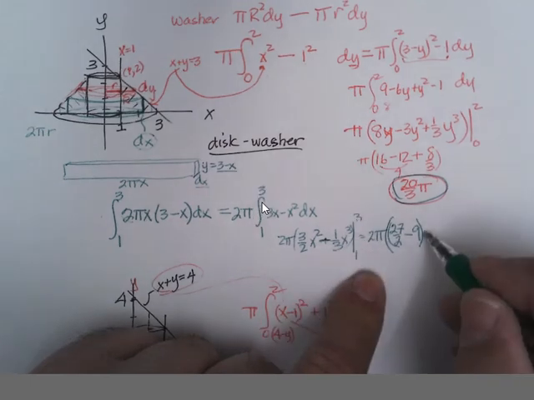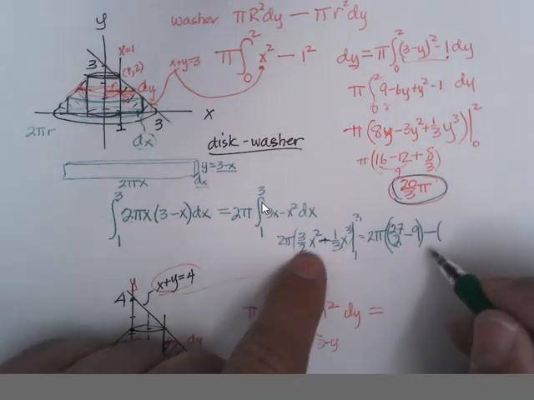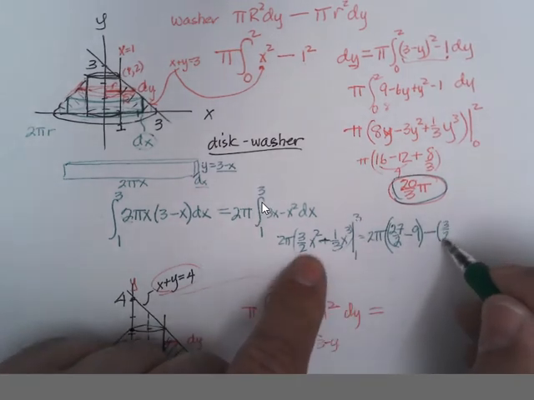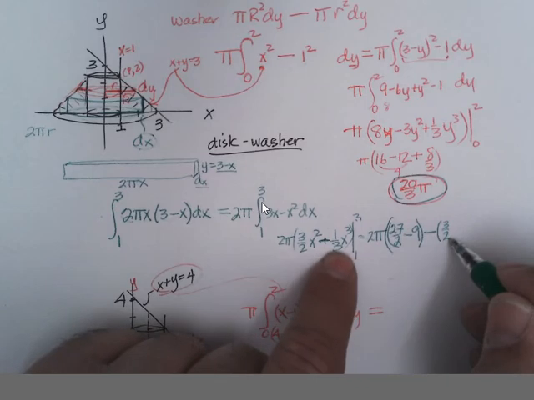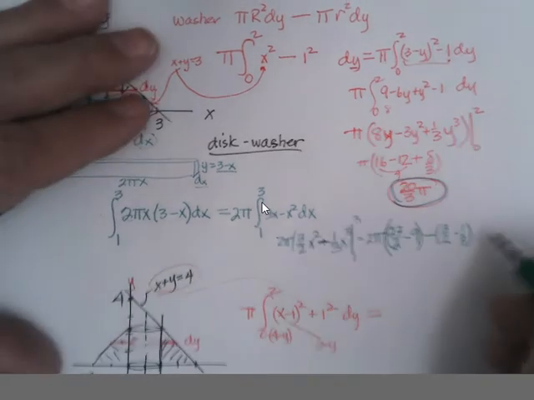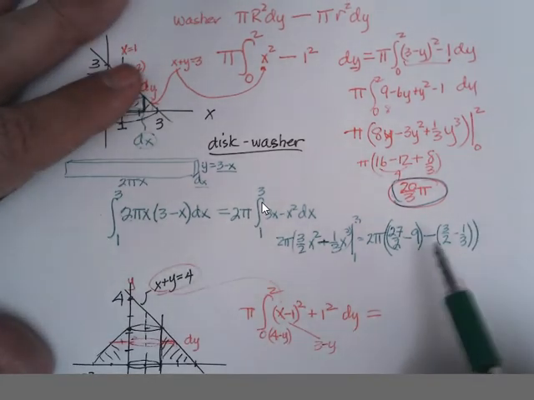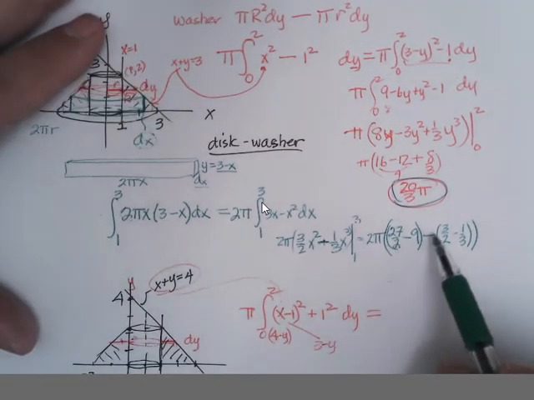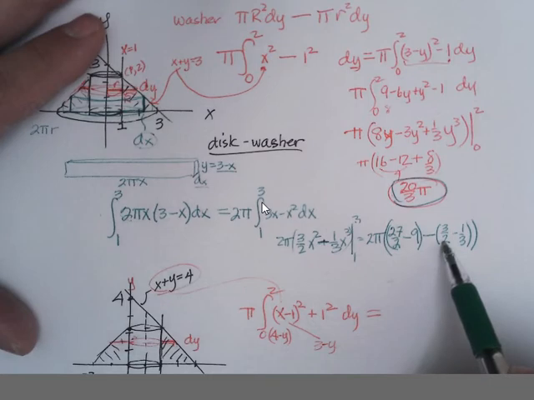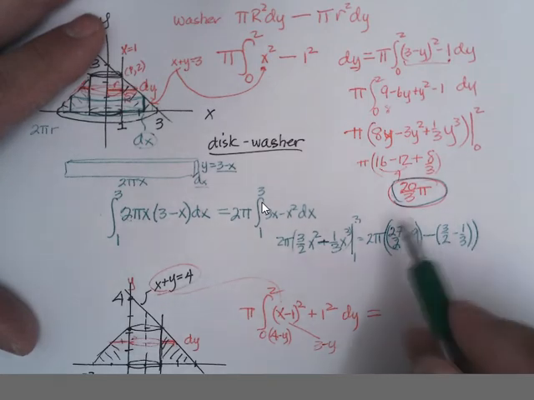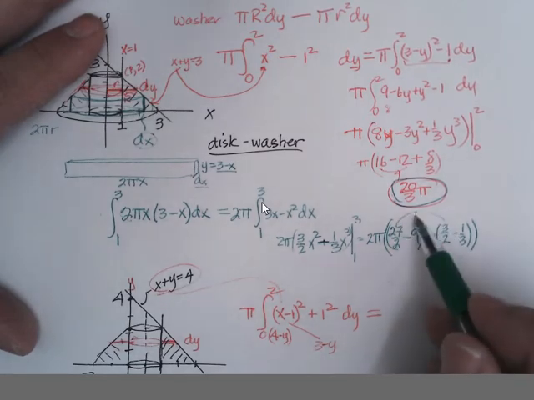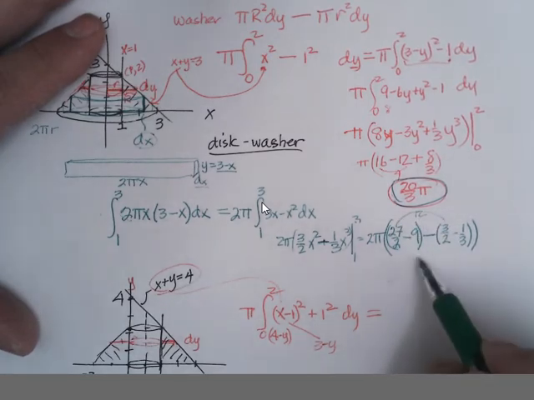Now I got to put in the 1, minus. If I put 1 in here, I get 3 halves. Put 1 in here, I get 1/3. So 27 halves minus 3 halves is 24 halves, or 12. So these two make 12. Minus 9 is 3.